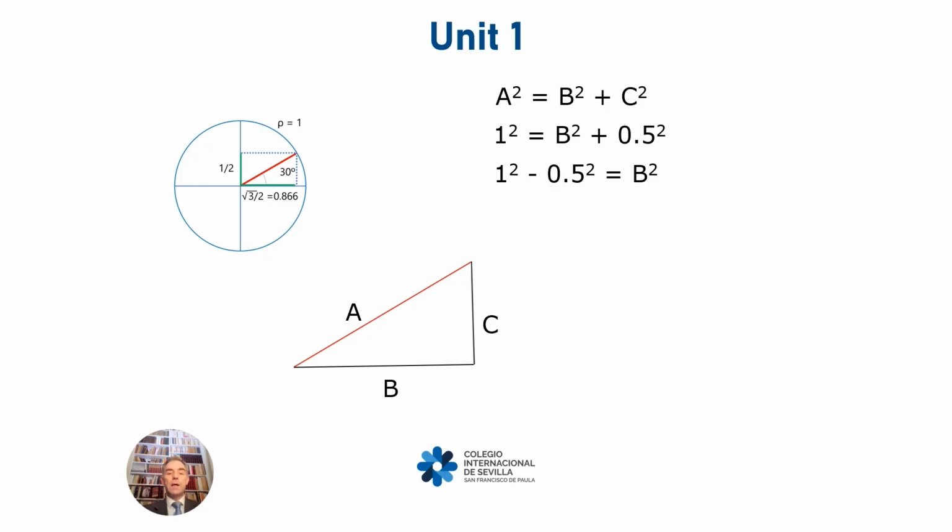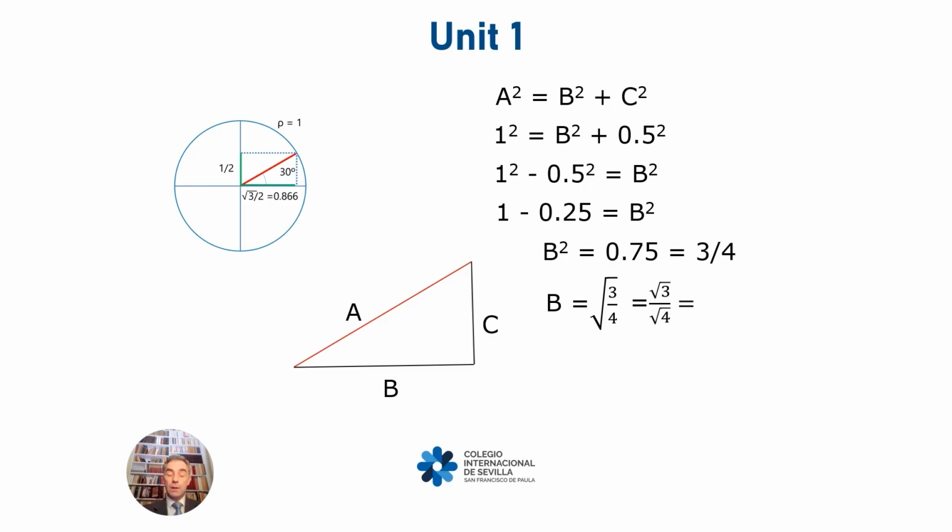So we can write that 1 minus 0.25 equals B squared. Therefore, B squared equals 0.75, which is 3/4. Now, this is B squared. We need to calculate the square root of both sides. So B, which is the square root of B squared, equals the square root of 3/4, which is square root of 3 divided by square root of 4, which is square root of 3 divided by 2.